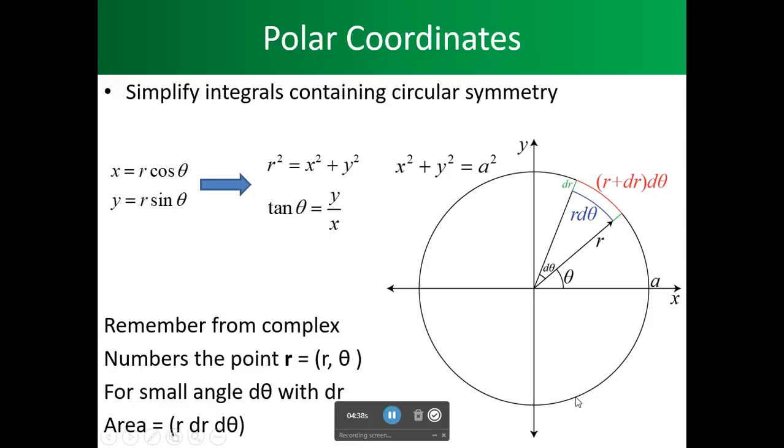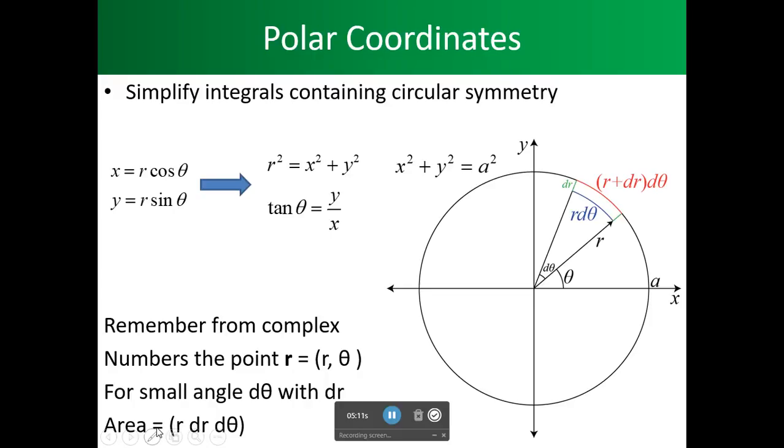And a squared is what we were using right here, since it's symmetrical. We also have the tangent. We have y, which is sine over cosine, which gives us tangent. Remember, from complex numbers, the point is also equal to r and the angle theta. This is for small angles, d theta with dr.